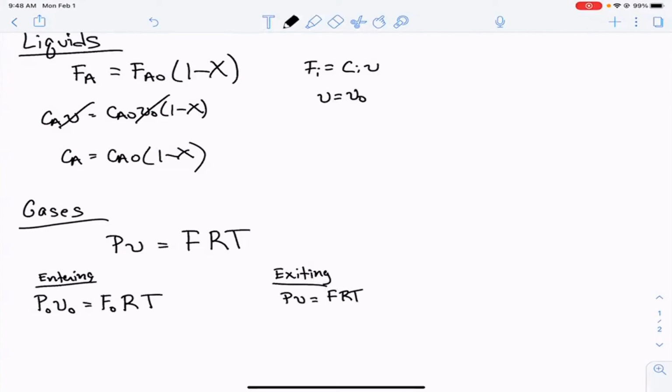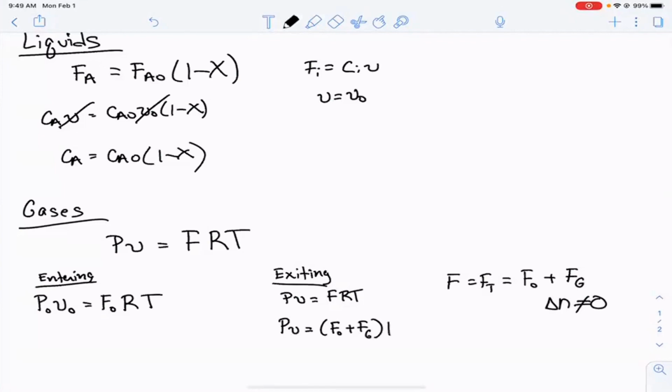But remember that if F is equal to the total number of moles, well, the total number of moles then is just the initial number of moles that we had plus the number of moles that are either generated or destroyed in the reaction. Because remember, for our reaction, the change in the number of moles does not have to be equal to 0. So I'm going to rewrite this equation here. I'm going to say P times the final volumetric flow rate is just equal to F0 plus Fg times RT.